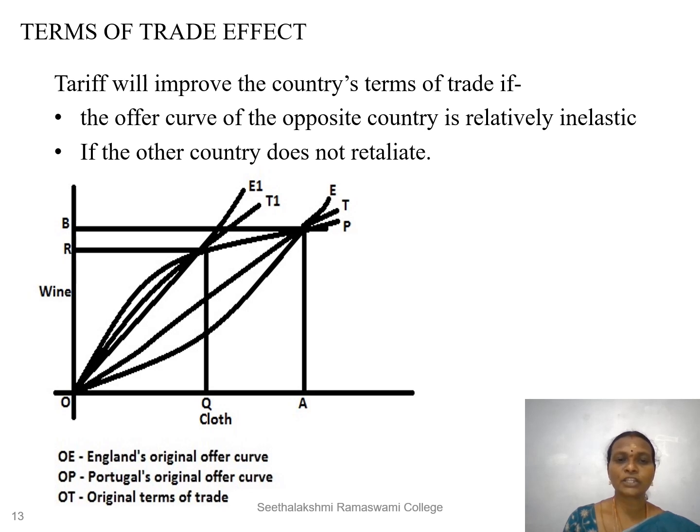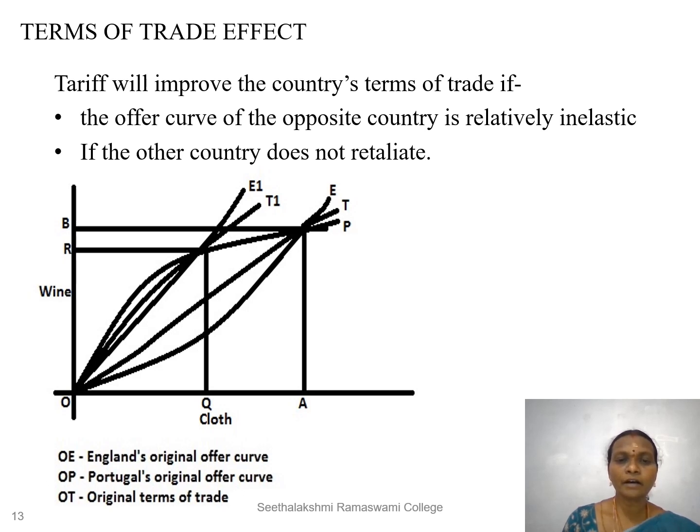Both are exchanging the goods, and we see how the tariff will be affecting the terms of trade. Initially you are able to see the OT, a 45-degree line. It's nothing but the terms of trade. This is the original terms of trade.